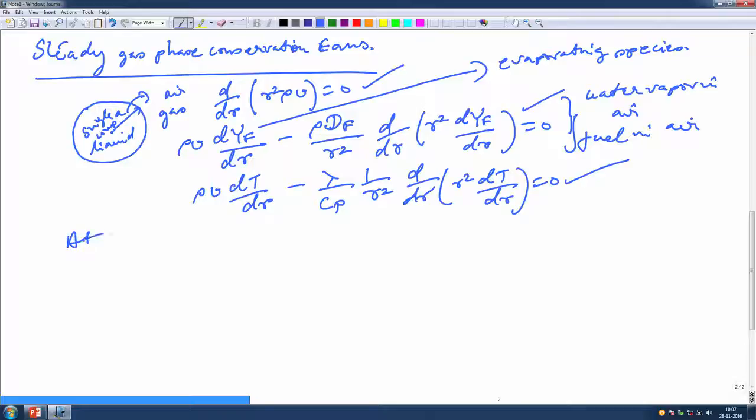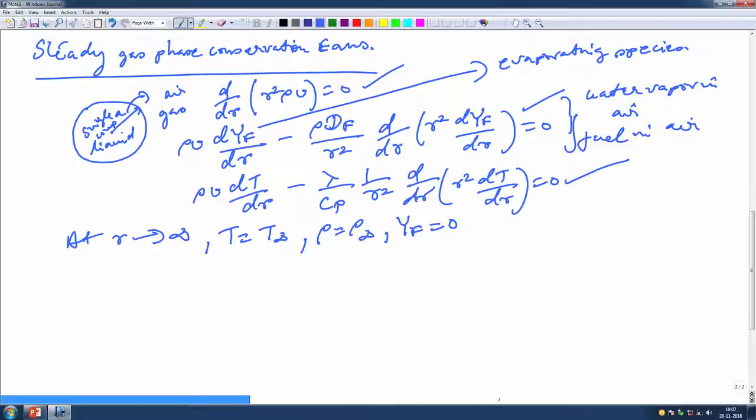Now, at R goes to infinity, that means far away from the droplet, what will be the temperature? The temperature will be the ambient temperature, T infinity, whatever the temperature may be. The rho will become equal to rho infinity, that means the ambient density, and YF will become equal to 0, correct.